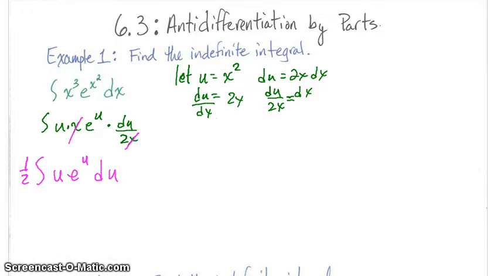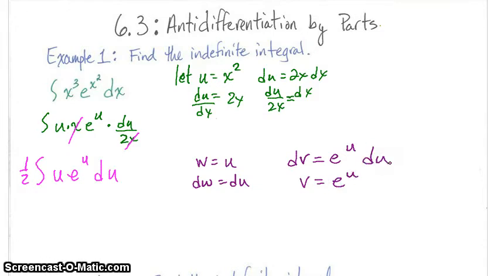Okay, so I'm going to say let my w be u, because I'm going to do w and v, and since I already have a u, and then I'm going to say that dw is equal to du. Awesome. And then I'm going to say my dv is equal to e to the u du, which means that v is equal to e to the u.